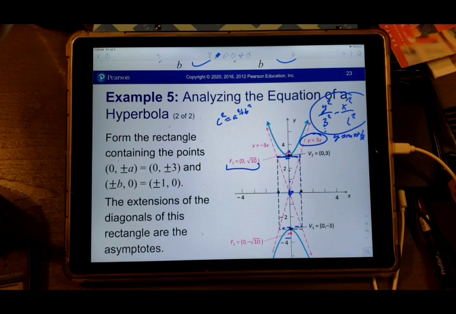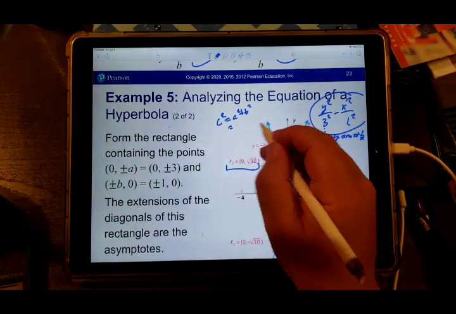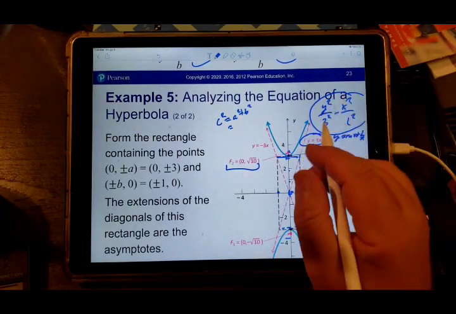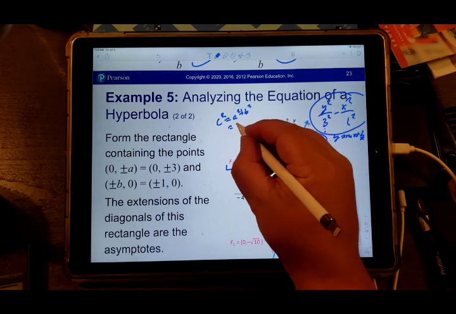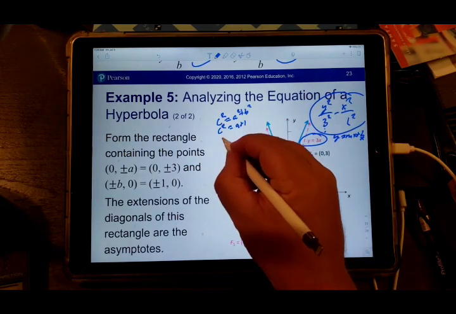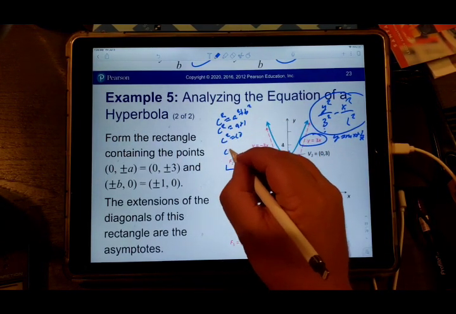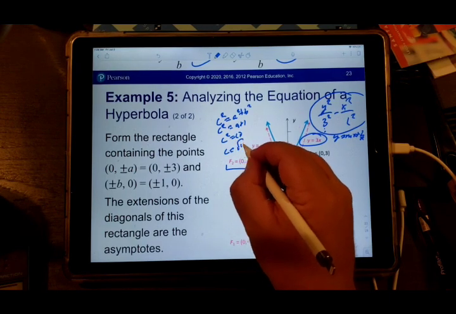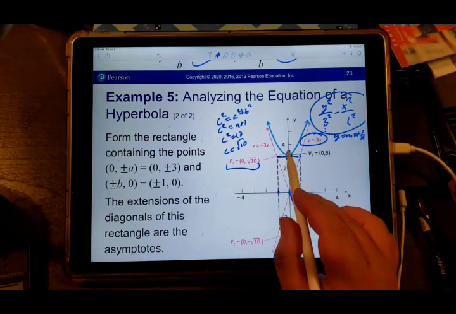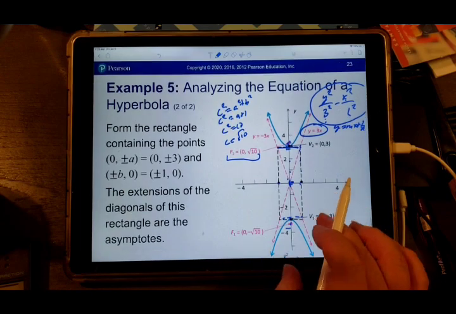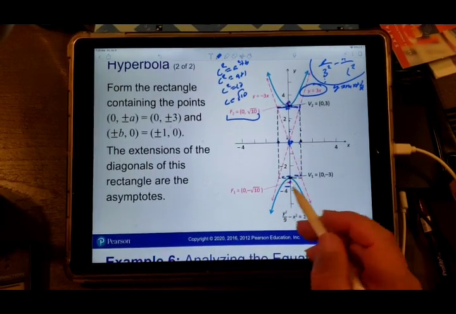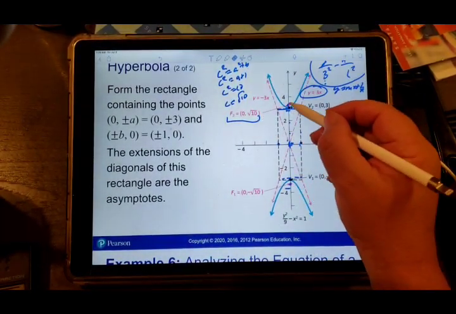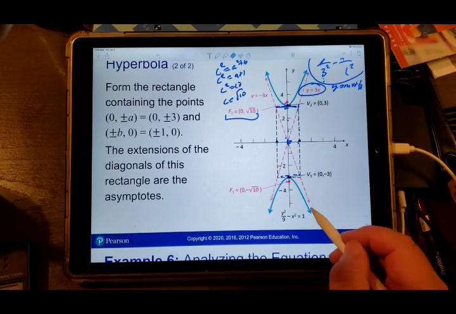C squared is a squared plus b squared, which is this 9 plus that 1. So c squared equals 10. C equals the square root of 10. So I'm going to go up the square root of 10 and down the square root of 10, just to plot those foci if they ask.